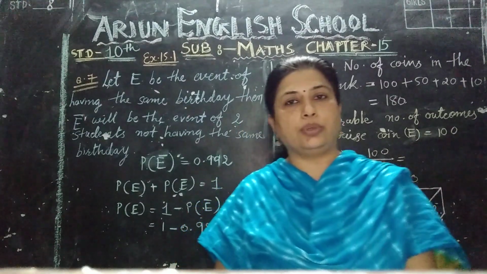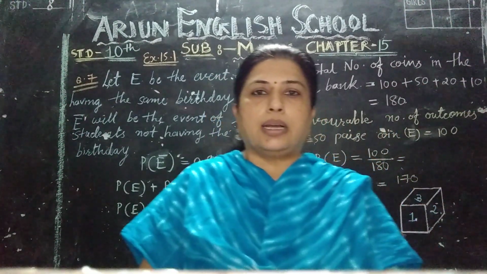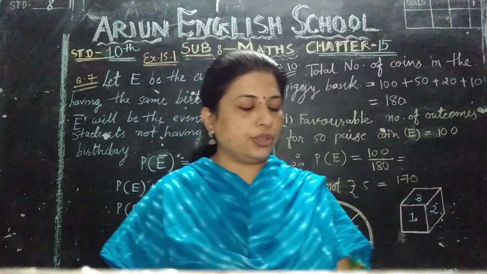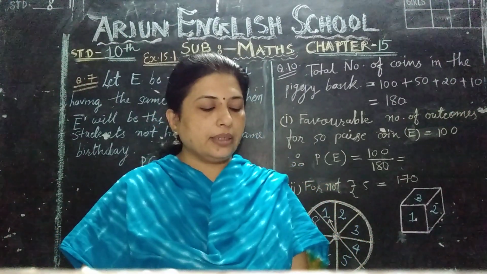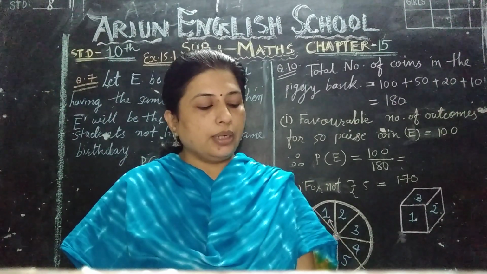Equally likely outcomes. This is a new word for you. Let us understand this word with the help of this example only. First question: a driver attempts to start a car. The car starts or does not start.